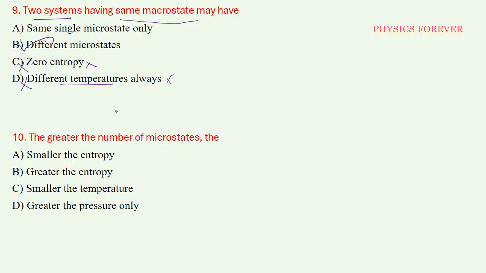So question number 10: the greater the number of microstates, which one is greater? Then entropy is also greater because of the formula S equals K, the Boltzmann constant, times the logarithm of the thermodynamic probability. If it is greater, then which one is greater? The Boltzmann constant is the constant one, 1 point something into 10 power minus 23 joule per Kelvin.